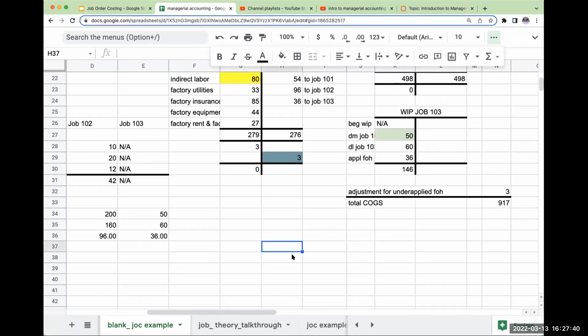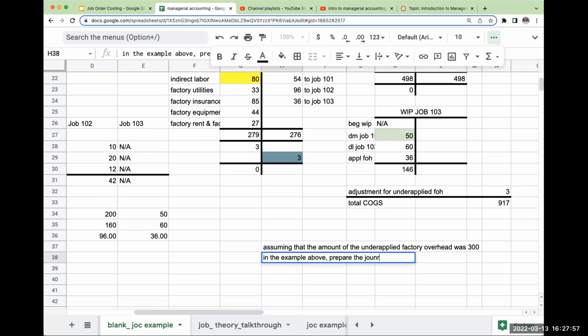Assuming that the amount of the under applied factory overhead was 300 in the example above, prepare the journal entry to record the underapplied factory overhead.